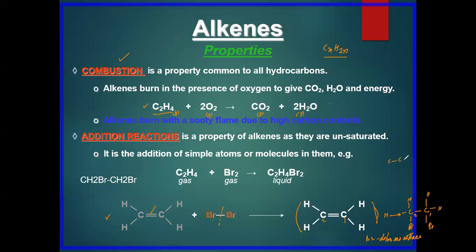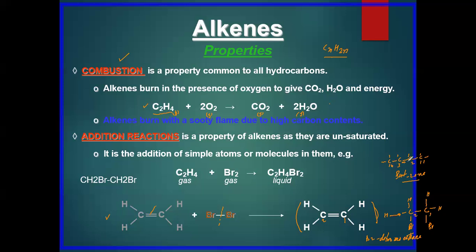Similarly, if we have propene or butene, four members, and we write the double bond here, it will be but-2-ene. Why but-2-ene? Because after the second carbon, if we number the chain, numbering is always done from one side, not from the middle.